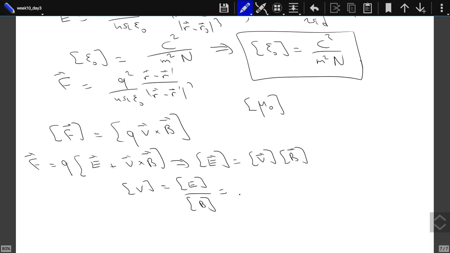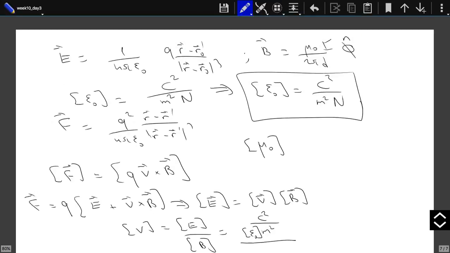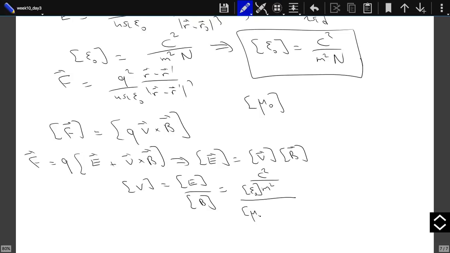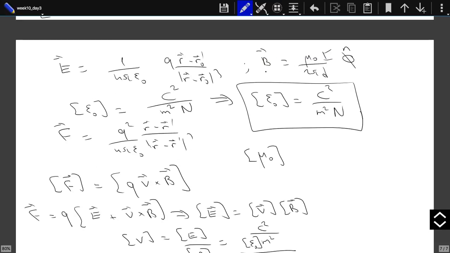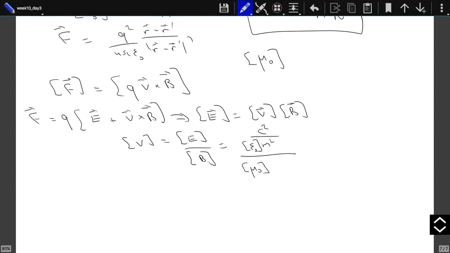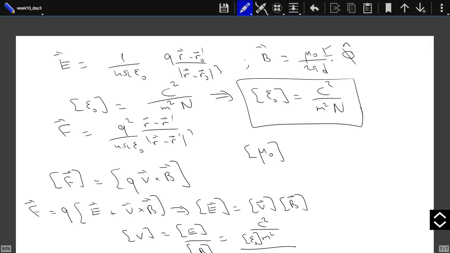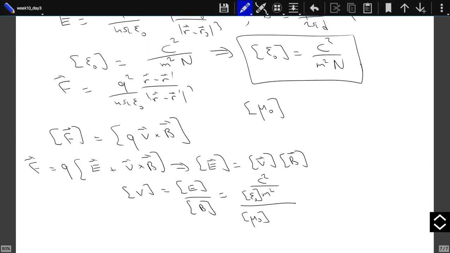Well, the unit of electric field is the same thing as the Coulomb squared divided by meter squared times the unit of epsilon 0. Because the electric field is 1 over 4 pi epsilon 0, Q squared divided by meter squared. Divided by, well, the unit of magnetic field, which is the unit of mu 0 times the current, I over 2 pi d.